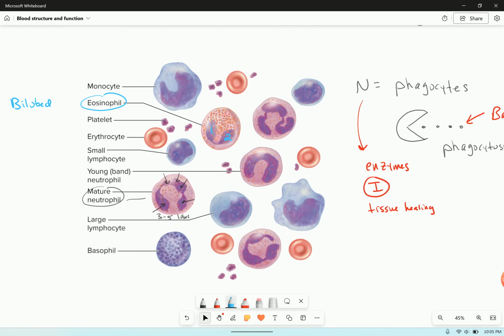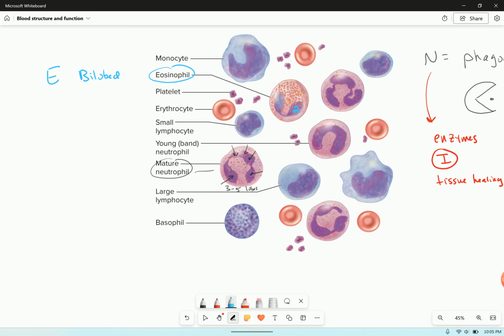Okay, an eosinophil, which is bilobed, is going to help us with an allergy response. Now we're talking about a normal allergic response, and you're probably like, well, what the heck's a normal allergic response? Well, when people say allergies, normally what they mean is hypersensitivity, hyperallergies.